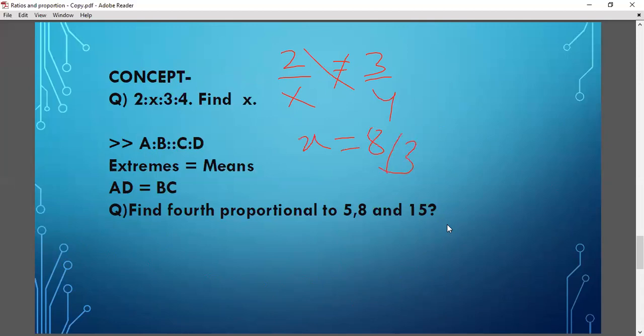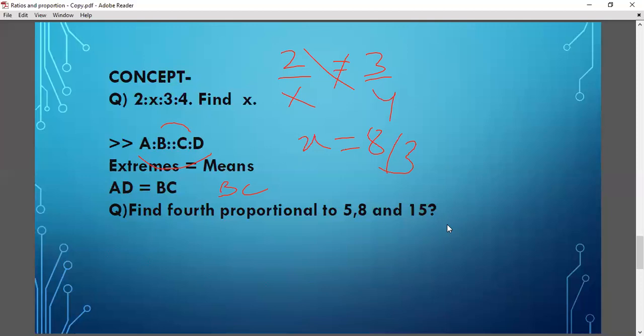But we have one more method in order to solve these types of questions, that is known as the extremes and means method. So here, let's say A, B, C, D are the values given. So B and C are known as the means, the middle values, and A and D are known as extremes. So we always equate these two values together. The product of extremes is always equal to the product of means.